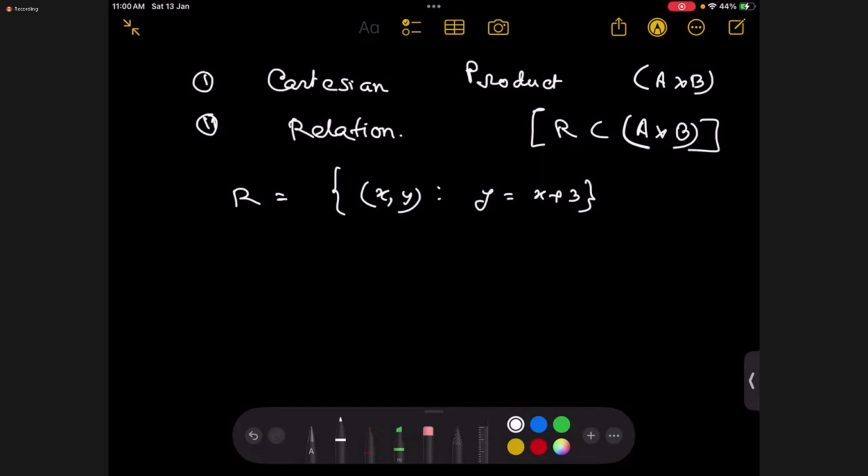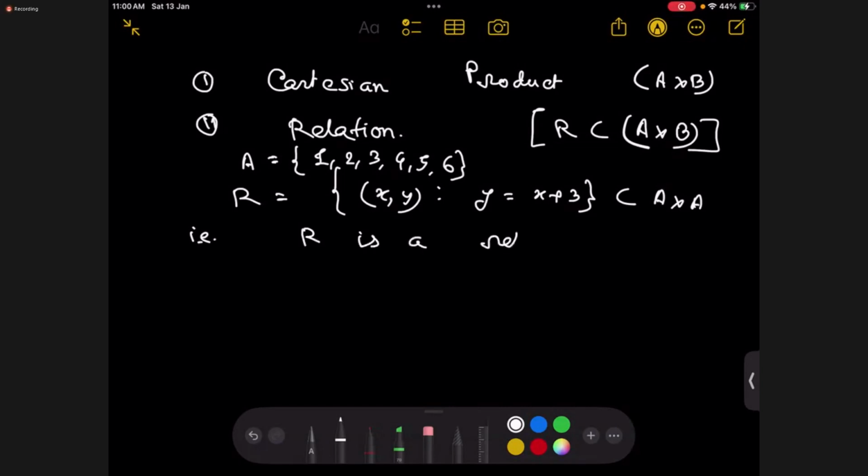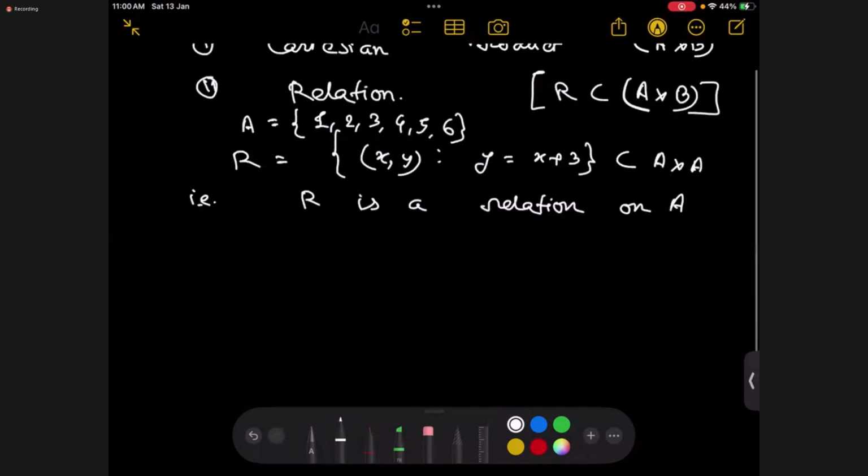In our last class we knew that A was the set 1, 2, 3, 4, 5 and 6, and this R is a subset of A Cartesian product A. That is, R is a relation on A. Now let us find the domain, codomain, and range.